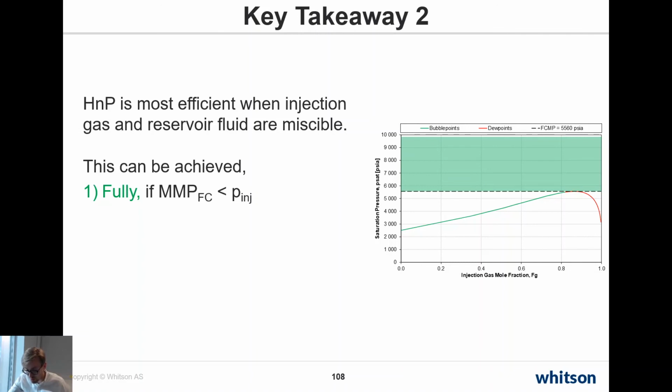Yeah, this is actually wrong. Instead of miscible here, you can make your own note: single phase instead of miscible. This can be achieved fully when the injection pressure is above the MMP by first contact, so in this region right here.